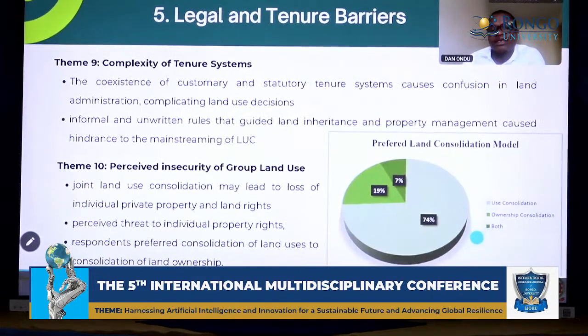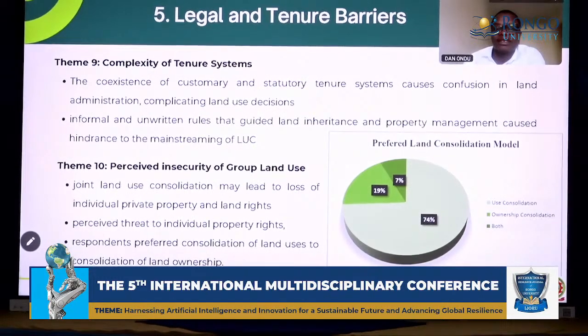On the complexity of the tenure system, the study established a very interesting tenure system that exists, but not in the national laws. This is a customary and statutory land tenure system, and it has unwritten rules that are informally understood only by the local residents, along with a perceived insecurity that comes with group land use.